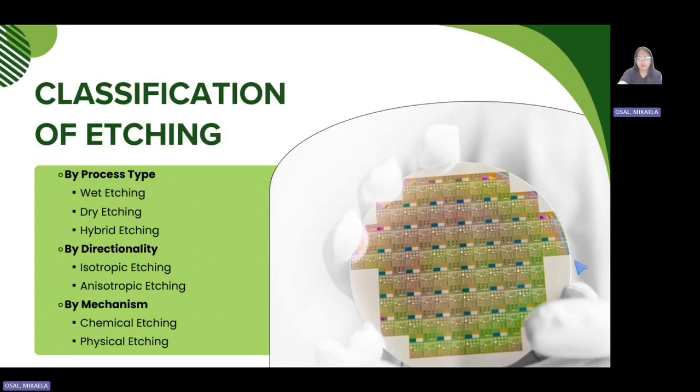Directionally, isotropic etching removes material evenly in all directions, whereas anisotropic etching is more vertical and controlled, and mechanistically, chemical etching relies on reactions, while physical etching uses ion bombardment. Most modern techniques blend these approaches for better precision.